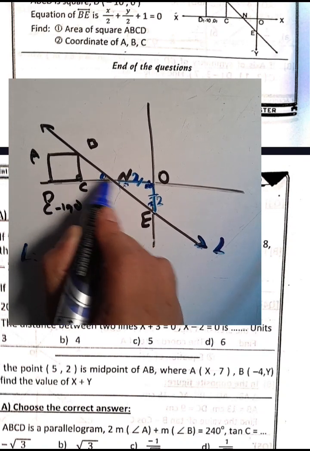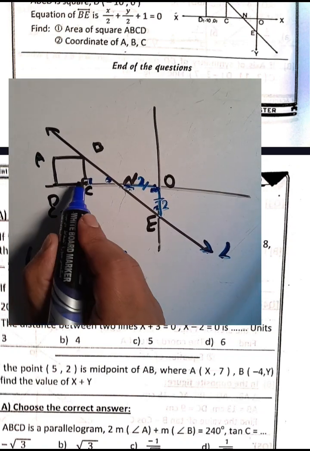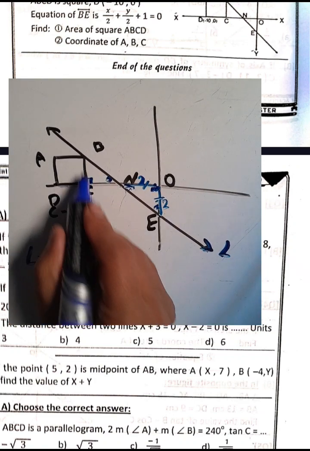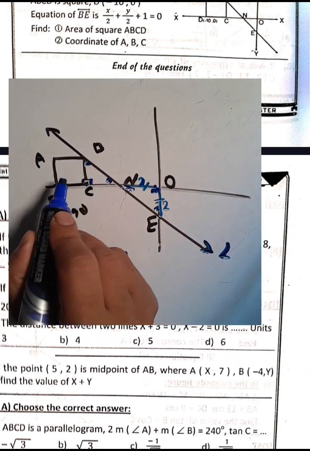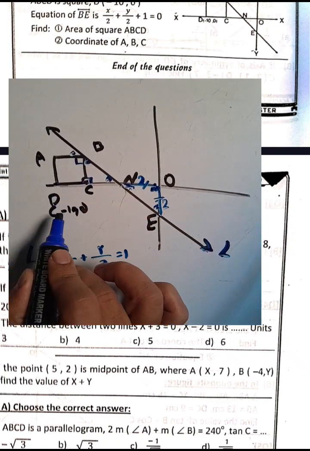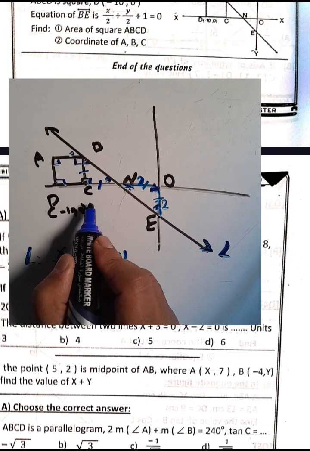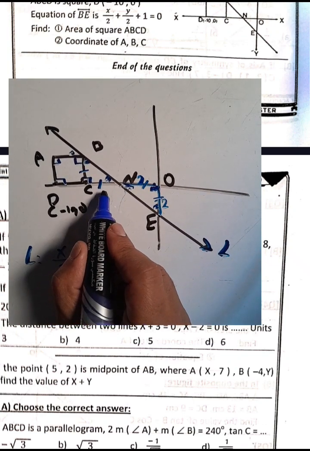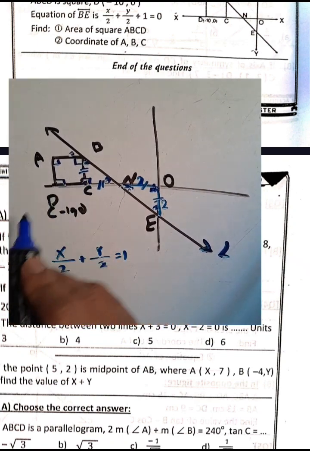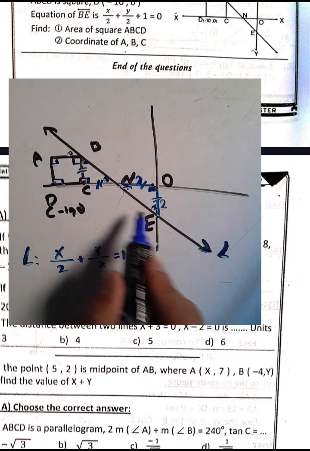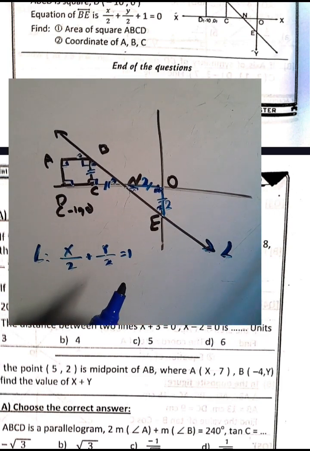Vertical opposite angles here will be equal, 45 and here 45, and we have here a right angle triangle because in the square, each of the angles equals 90 degrees. Then BC is perpendicular to ND, then the measure of angle N will be 45, and the measure of angle D equals 45, and this angle will be 45, and this here 90 degrees and 90 degrees and 90 degrees. It means this part will be equal to this part, and we have 2 congruent triangles here because he gives us the length equal to -10 and 0.